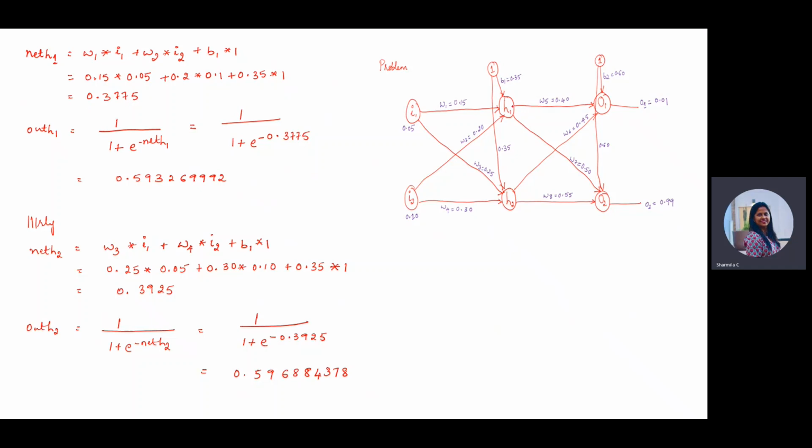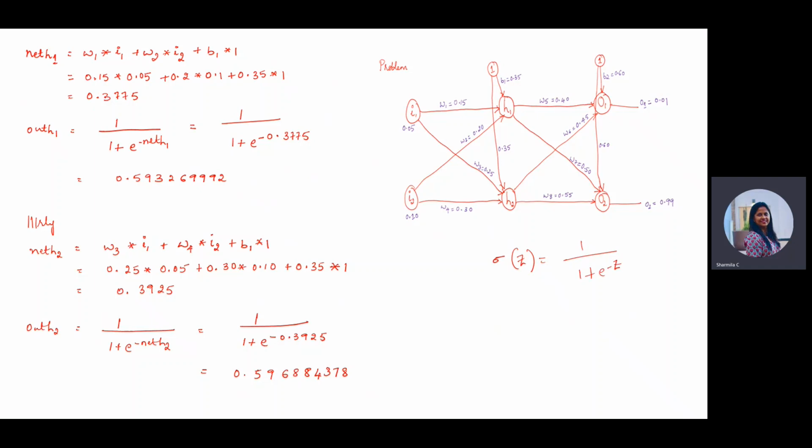Once we do the summation, it is processed through the activation function. Here we are using a non-linear activation function called the sigmoid activation function, which is a differentiable threshold unit. The sigmoid activation function formula is 1 divided by 1 plus e to the power of minus z.